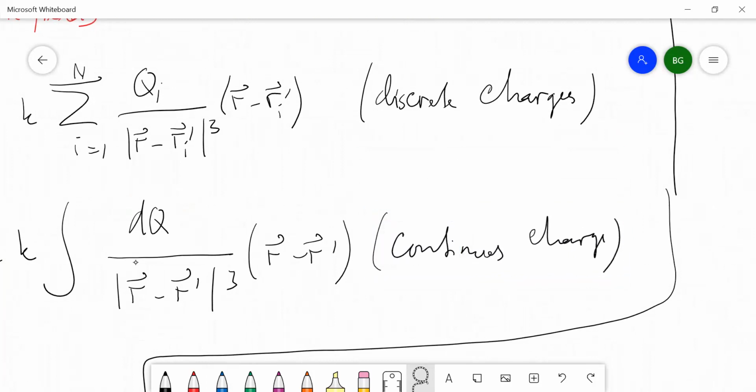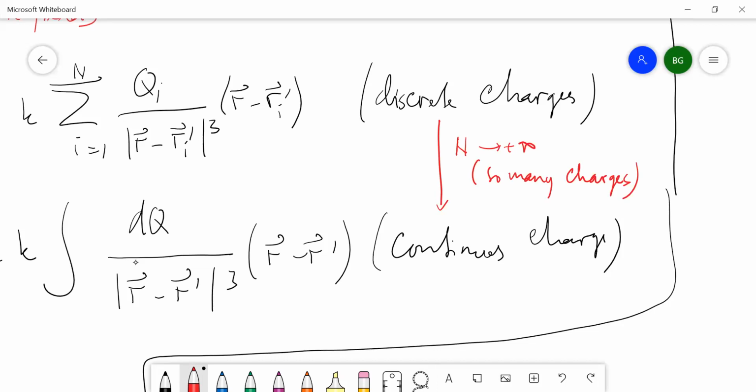So from discrete to continuous, we have an approximation, the continuous one. This is the approximation from here to here by taking N to infinity, because there are so many charges.